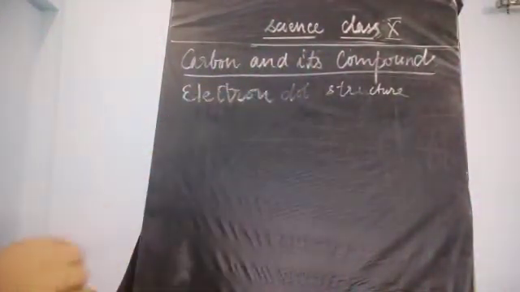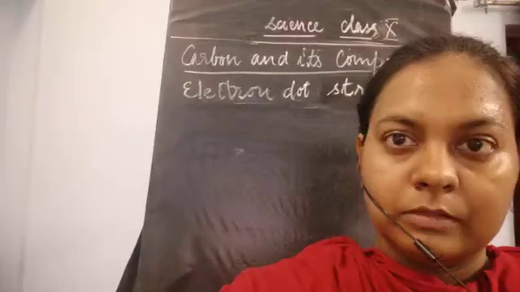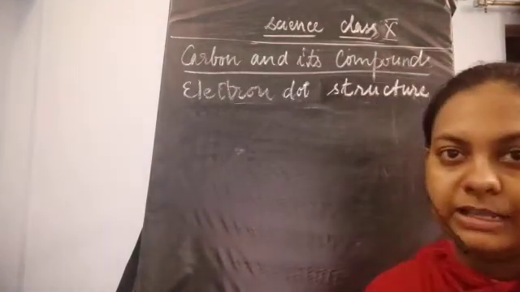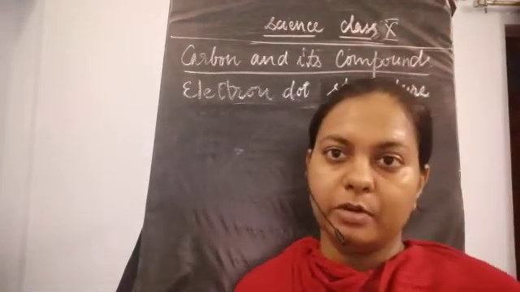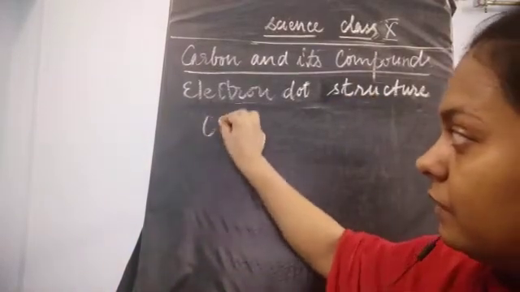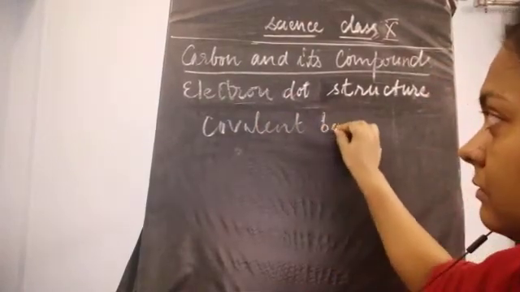How is this electron dot structure made up? This electron dot structure is just the representation of the covalent bond. It represents the structure of covalent bonds.